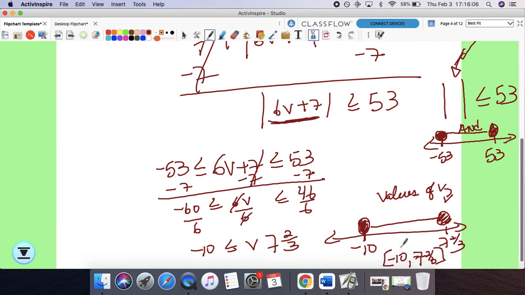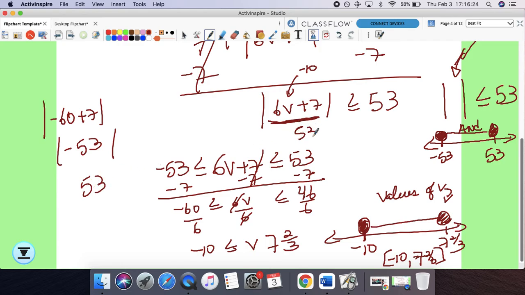So again, just out of curiosity, pick negative 10, see if it works. So if we put negative 10 over here, we get 6 times negative 10, which is negative 60. So let me write that, negative 60 plus 7. That's going to be negative 53. Take the absolute value, negative 53 is 53. So that works because 53 is less or equal to 53, right?